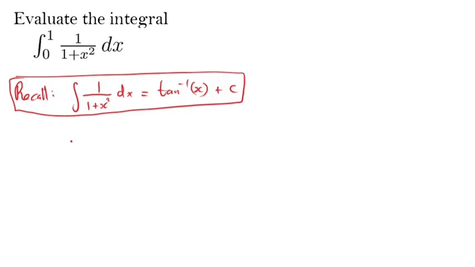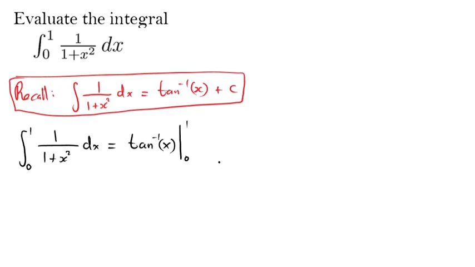So if that's the case, then integrating what we have, the integral from 0 to 1 of 1 over 1 plus x squared with respect to x, this gives us the tan inverse of x with limits from 0 to 1, like that.